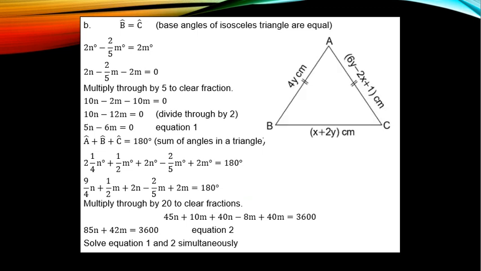Okay, we are now in the B part, and let's go back first and see the requirement.